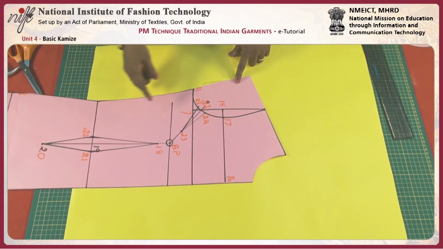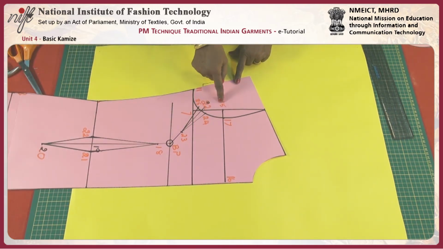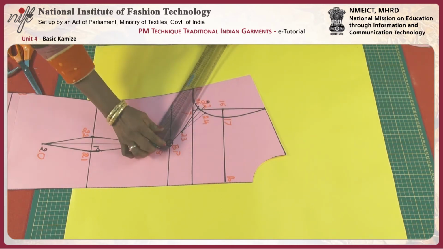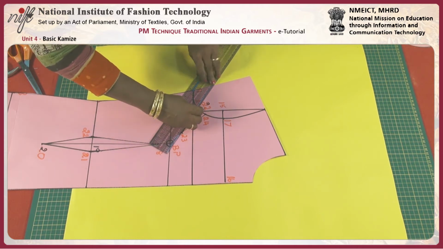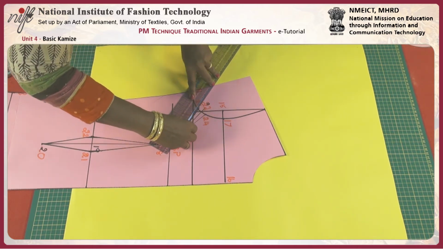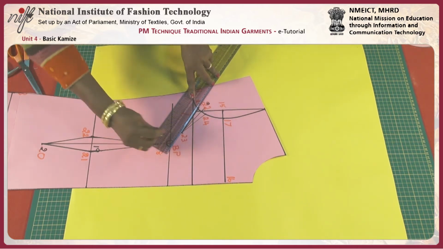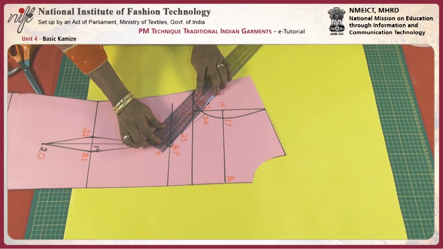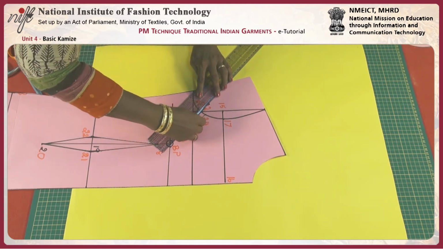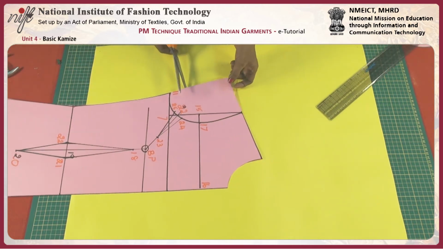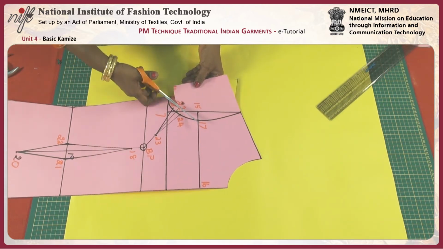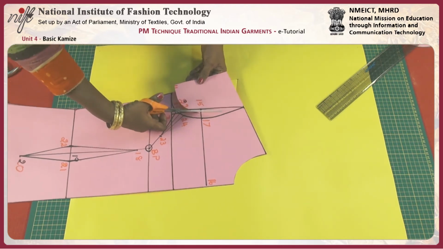Now we are going to true the armhole dart. First we need to crease the dart leg, one towards the bottom, and the midline. Allow a little extra and cut the armhole.